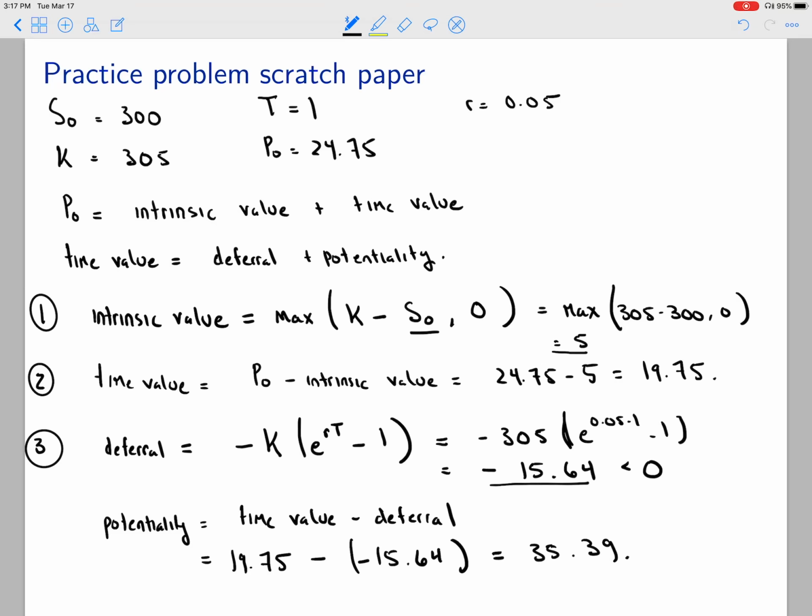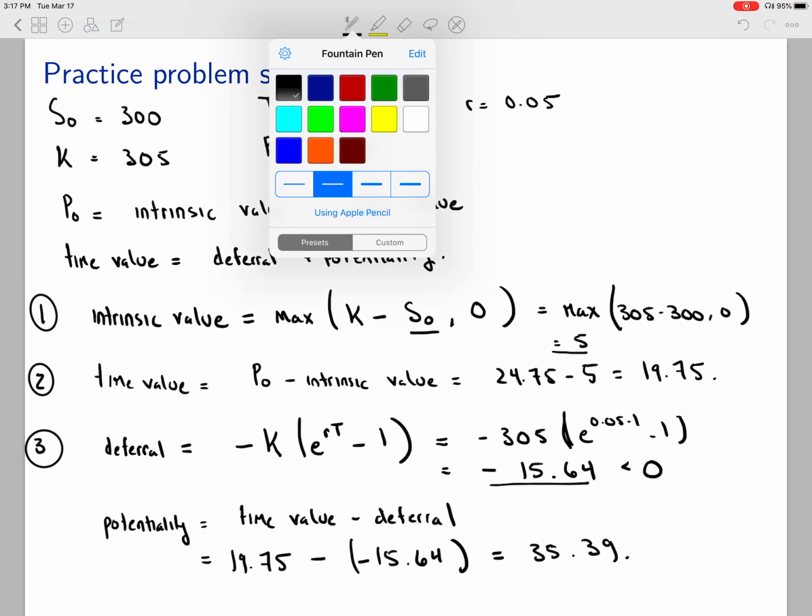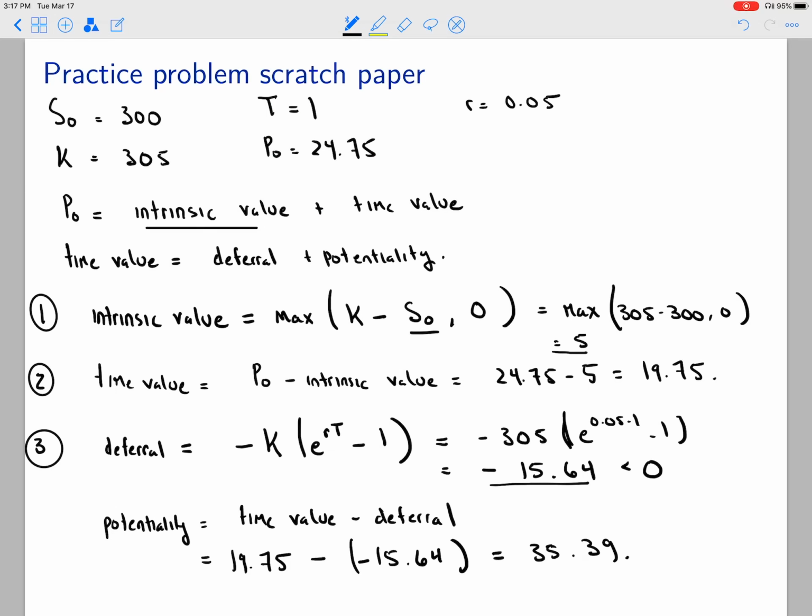So to recap, what do we have? We have a put option. A put option can be decomposed into intrinsic value and time value. Intrinsic value, again, is just the tangible value, the value if you exercise the put today. Time value is a little more abstract, comprised of two things: deferral, which is deterministic, the value of delaying receipt of the strike to the later date.